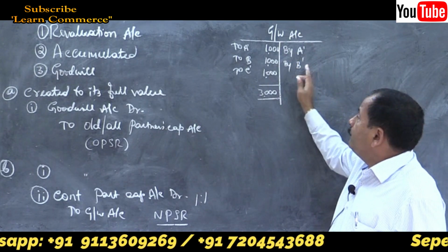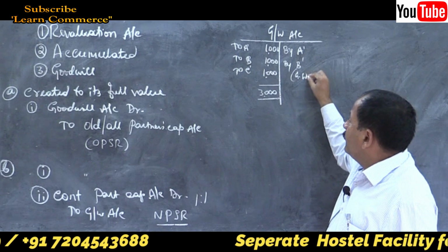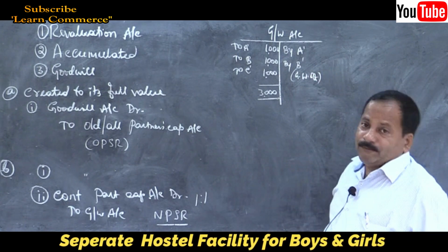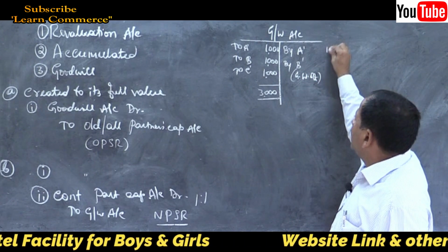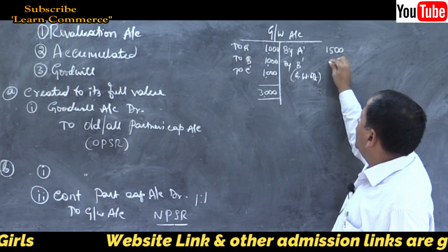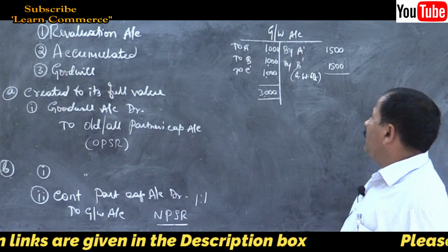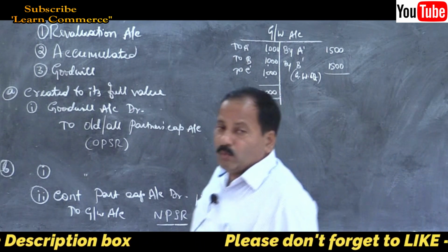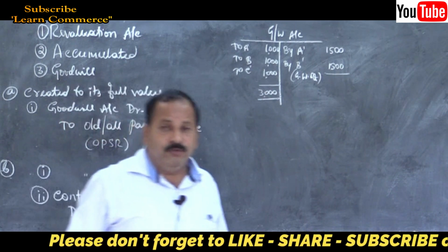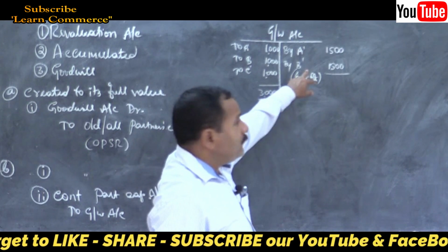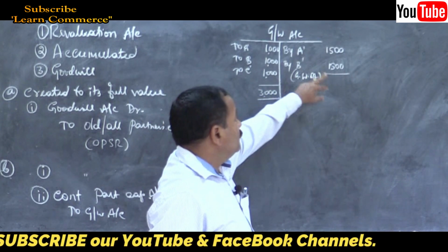This is the entry for goodwill written off. How much amount will come? 1500 and 1500. Total value of goodwill is 3000. Equal partners, their new ratio is 1:1, 1/2 and 1/2. So when we write off the goodwill, it will be 1500 each.